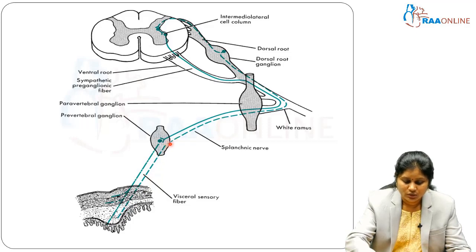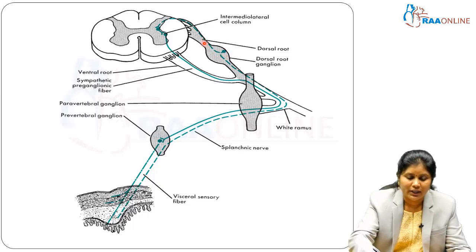Okay, and it goes to a prevertebral ganglion and to the paravertebral ganglion, and from there it goes to the dorsal root ganglion here. Okay, distension is sensed by the mechanoreceptor, and it goes to the dorsal root ganglion, and via the dorsal root it enters the spinal cord, and you can see there is a small projection here, the intermediolateral column.